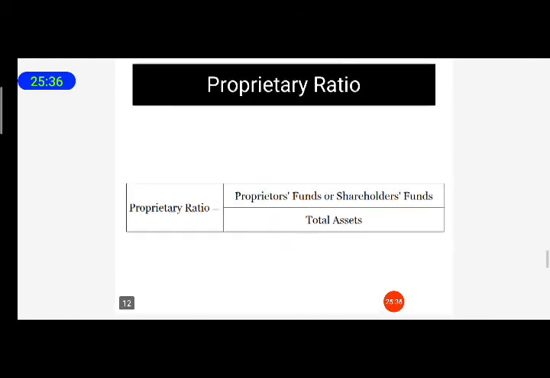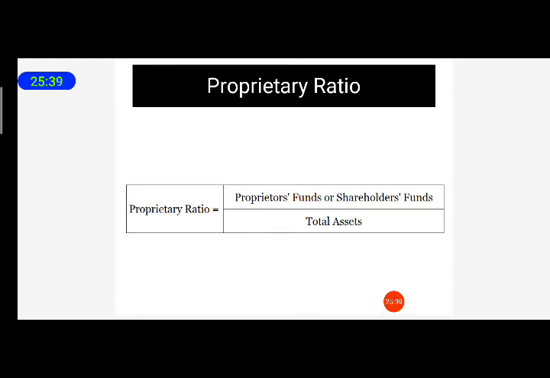Then the next ratio, the proprietary ratio. The proprietary ratio is also called the capital ratio or equity ratio. It measures the relationship between total assets and the proprietor's fund, that is, the shareholders' fund. The objective of this ratio is to find out how the proprietors have financed the assets.